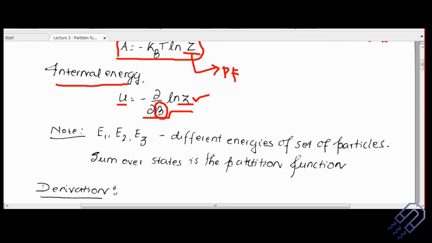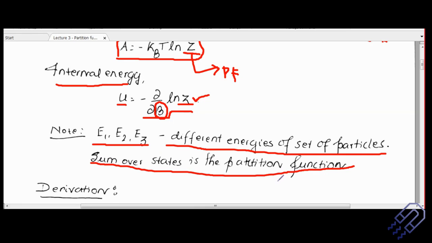E1, E2, E3 are the different energies of a set of particles. The sum over states is the partition function. If we consider the sum over all these energy states, we basically get the partition function.